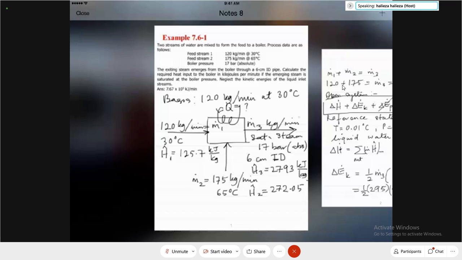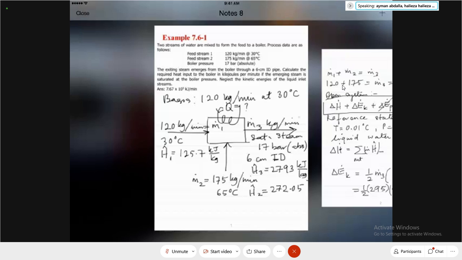Any other questions? So, doctor, if it's compressed liquid, it's going to have the same value as saturated water. If you mention compressed, that means you have to mention the pressure.